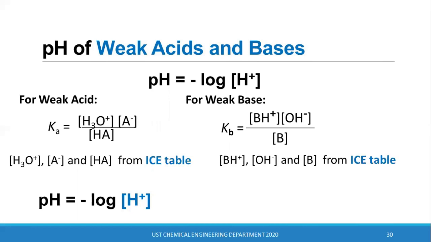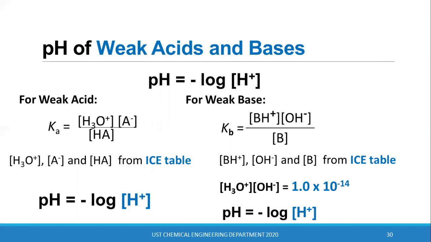Use the ICE table to compute for the concentration of the species. Then, use the relationship to solve for the H plus concentration from the calculated OH minus concentration. Then, apply the formula of pH.